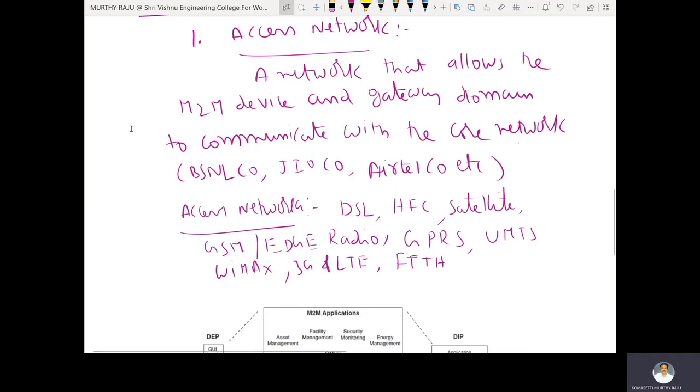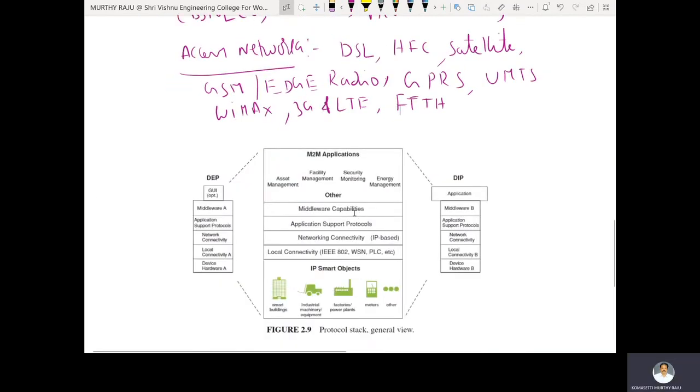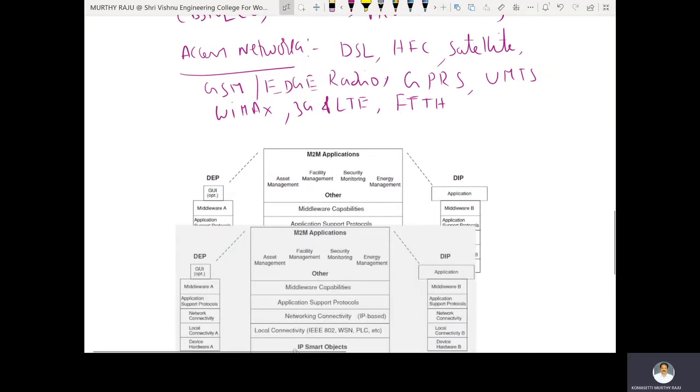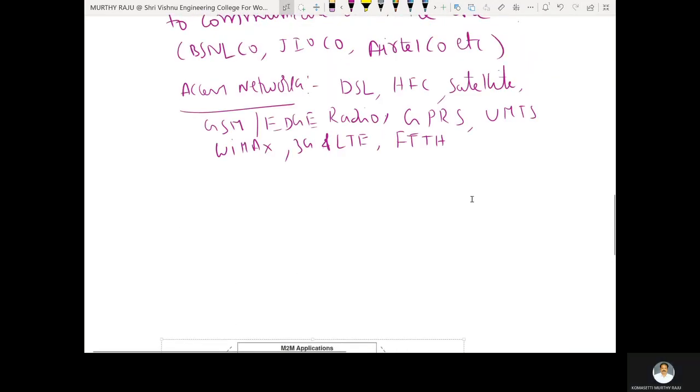These are the very important technologies used to connect M2M devices, that means the M2M and gateway domain, to the core network. Core network means BSNL central office, Airtel central office, and Jio central office, etc. Access networks play an important role here.